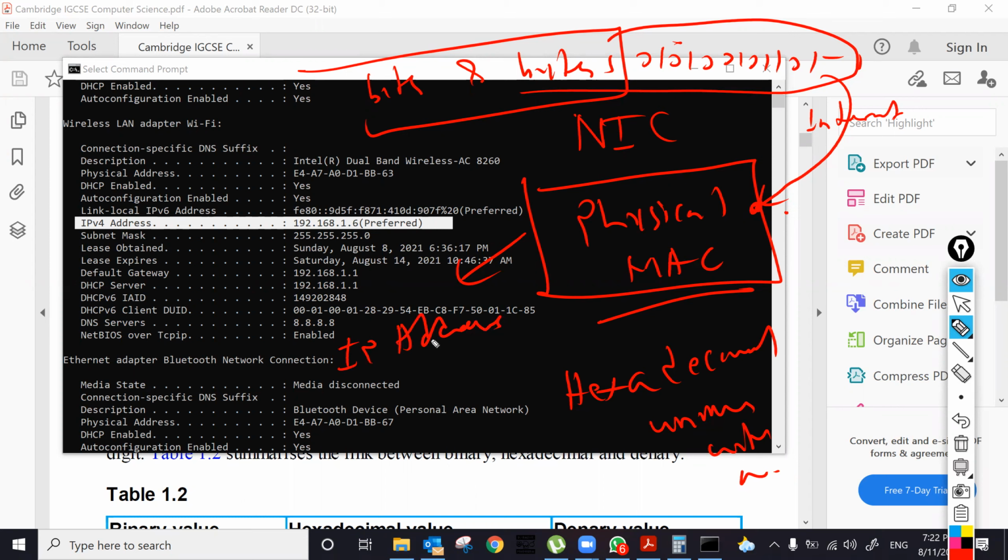The IP address is identified within your local area network or your home network. Other than that, the internet identifies your computer using this physical address, which is the burned-in address in your network interface card. Got it? So that physical address is denoted by the hexadecimal number system. Am I clear to you?